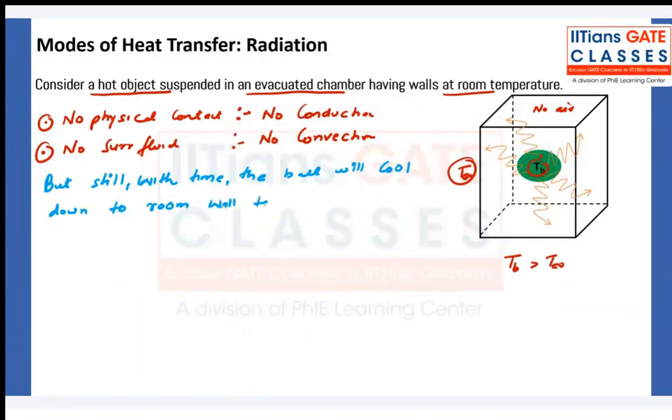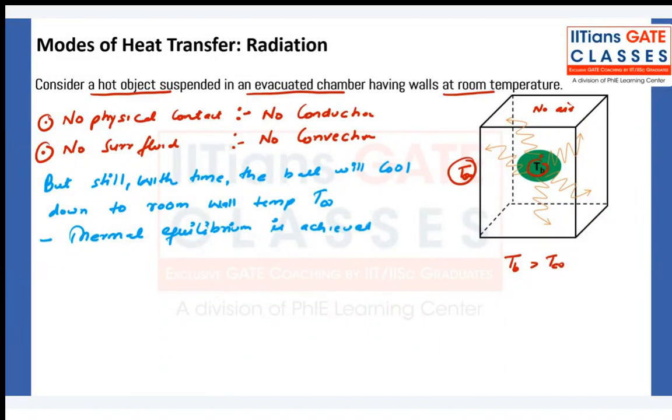Eventually, after 1 hour, after 2 hours, after one day. I'm not saying after what time, but after some time, the ball will also come to the room temperature T infinity. And after this, thermal equilibrium will be achieved. Now the ball and room are at the same temperature. So now you see here, there is no conduction, there is no convection.